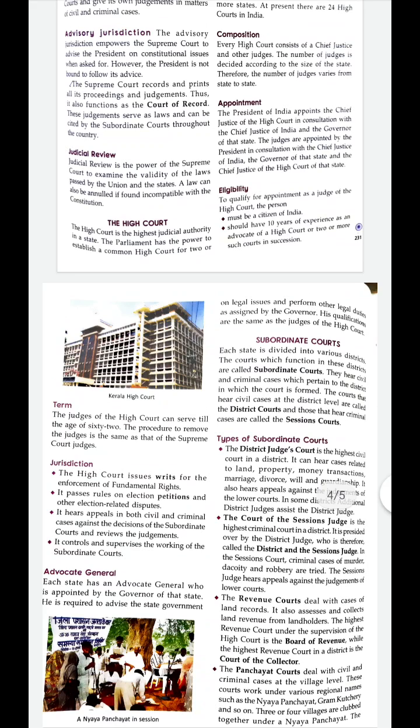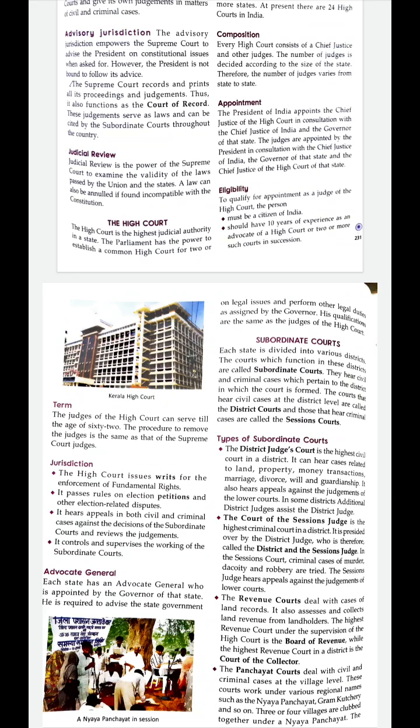The High Court is the highest judicial authority in a state. The Parliament has the power to establish a common High Court for two or more states. At present, there are 24 High Courts in India. So children, whenever we talk about a state, the highest judicial authority in the state is the High Court.